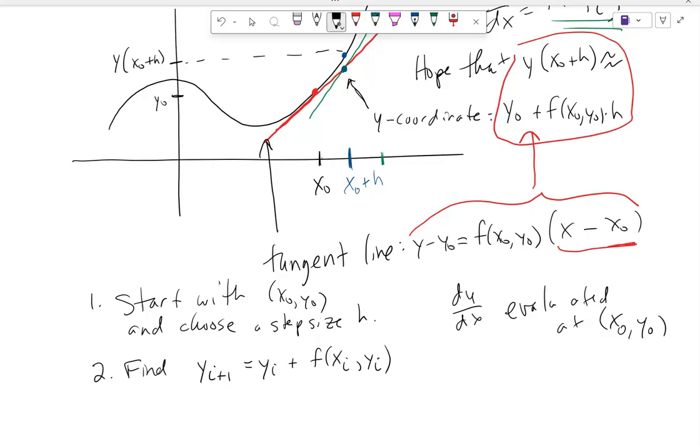And you stop when your x sub i is equal to the target x. You're always going to try to estimate what y of an x value is based on a starting value.